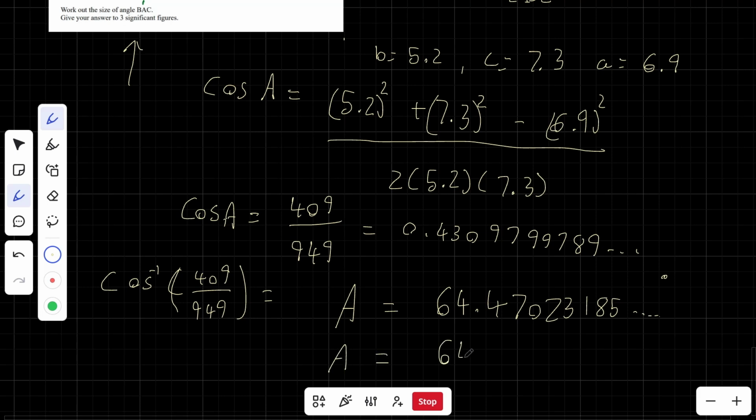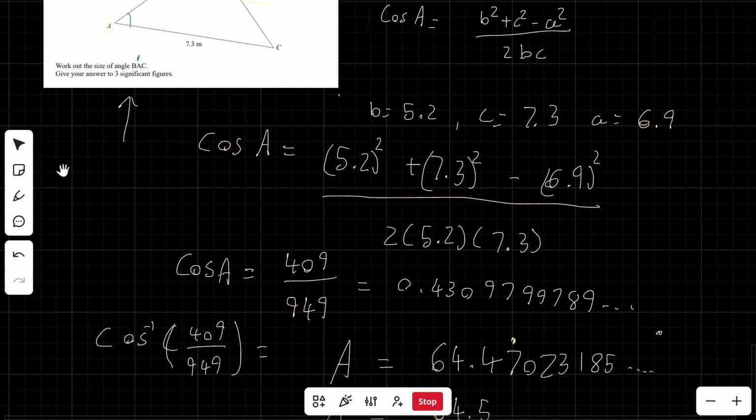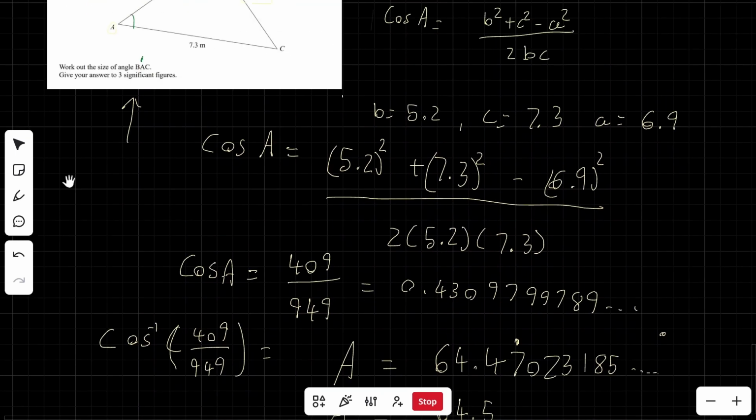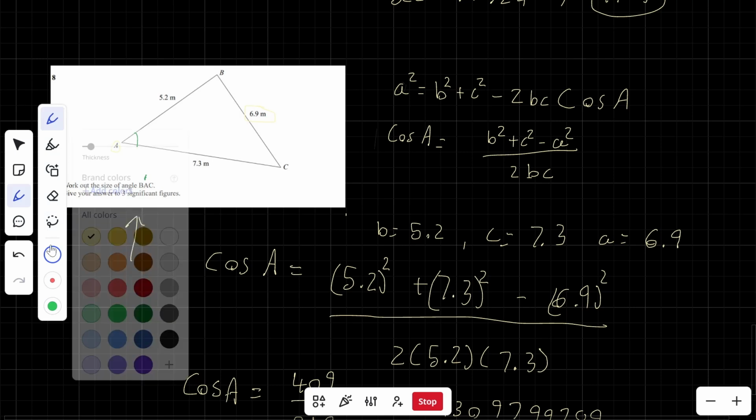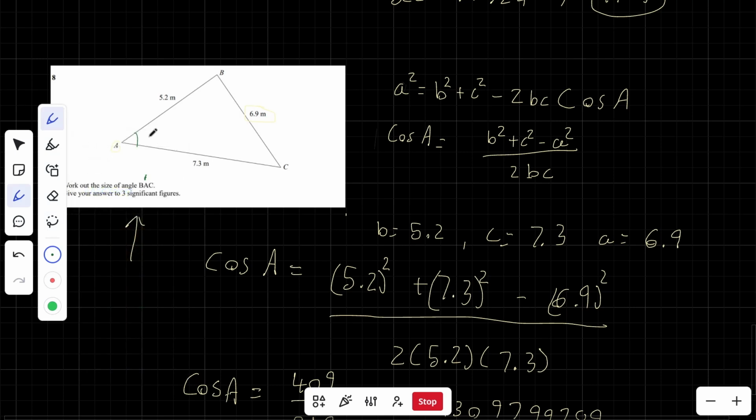So take 64.5. We round up because of the 7. The 7 here is bigger than a 5. And let's just check to see if that makes sense. 64.5 degrees. Yeah, looks about right, doesn't it? Looks about right. So, cool.